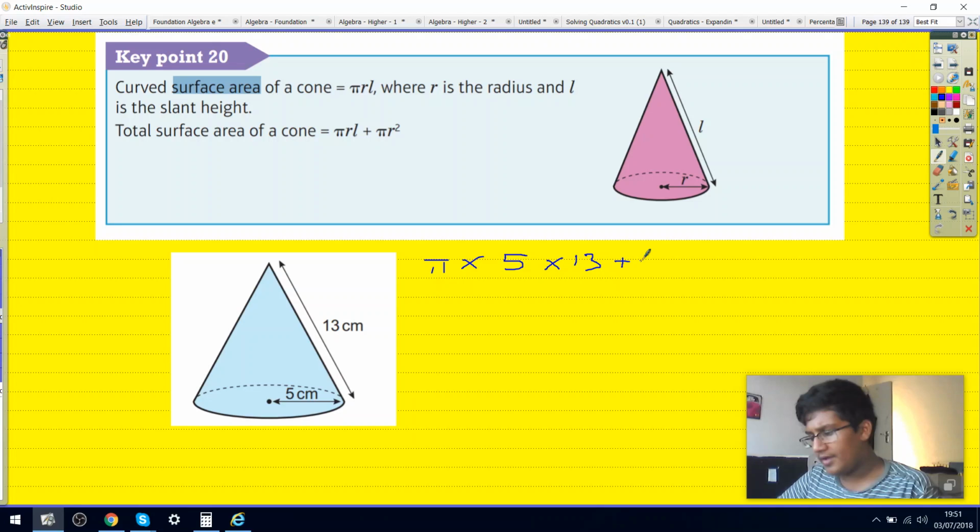Do they want that as a number? No, it's all right. I think those are the main surface area things. Did we do a cylinder? We did surface area of a cylinder, yeah.